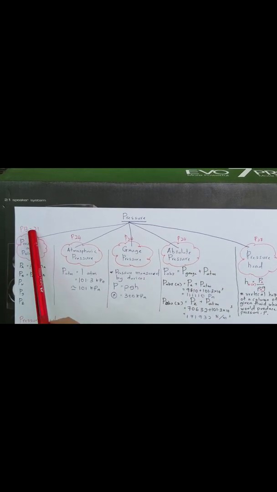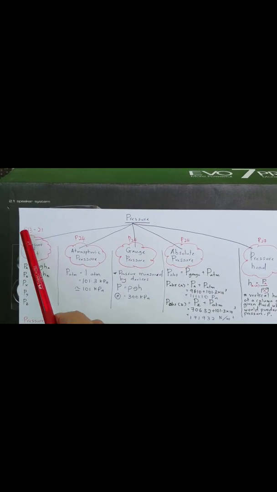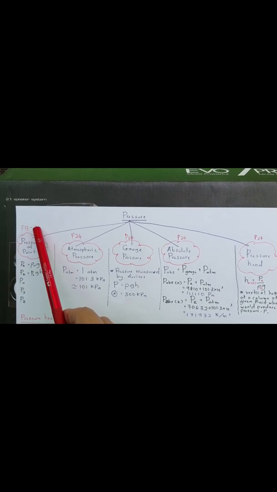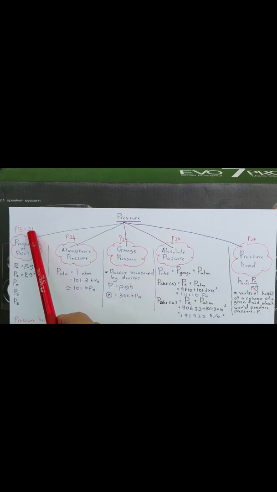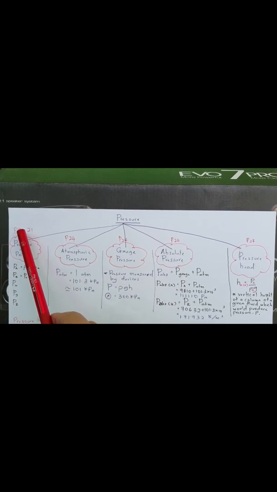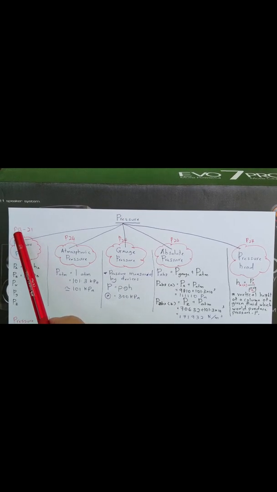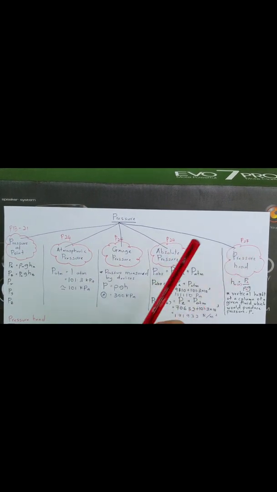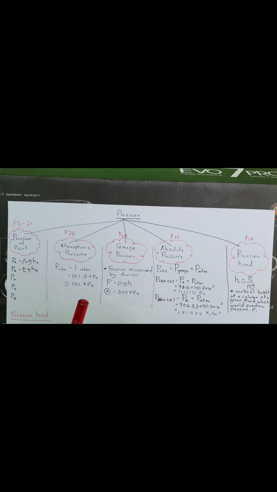So at the top of the cloud, I write down which page in the slide you can refer to. Okay, PowerPoint slide ataupun PDF slide, notes have been given to you. I write down the page for your reference here.